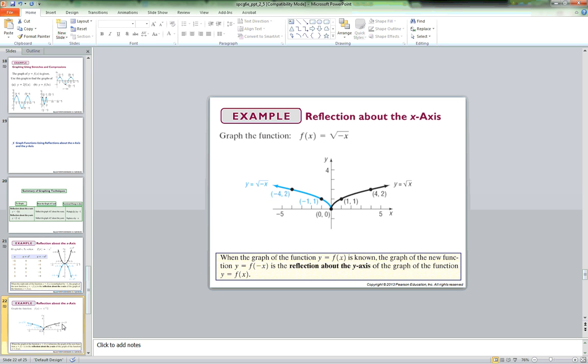This works, you can do this with any function. So we're going to do this with the square root function. Y equals square root x is this function here. And if we replace x with the negative x, it's going to reflect it about the y-axis. So go ahead and make this sketch.